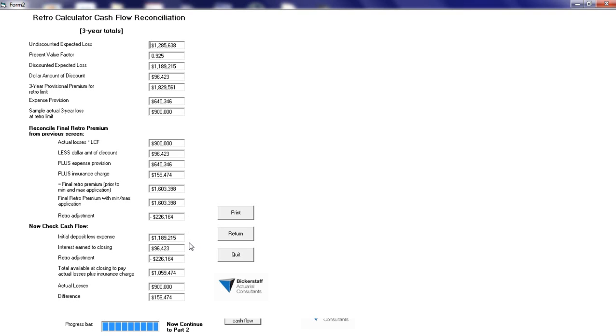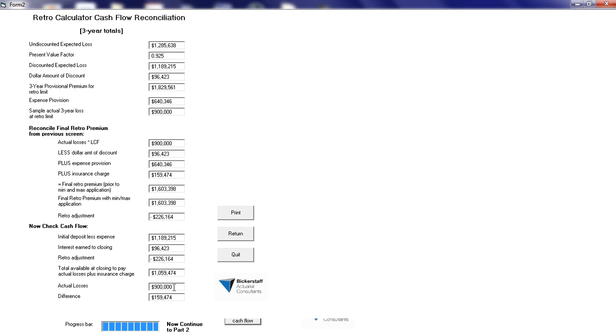One more check on all of this. See how the cash works. The original deposit, taking out the expenses, original deposit, remember, is the 1.8. You take out the expense, and you've got $1,189,000. You earn the $96,000 of interest over the period. Then you get an adjustment of $226,000, and that gives you an available amount of $1,059,494.